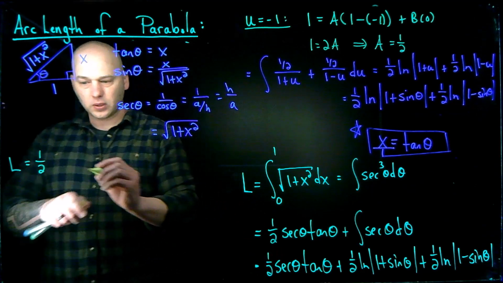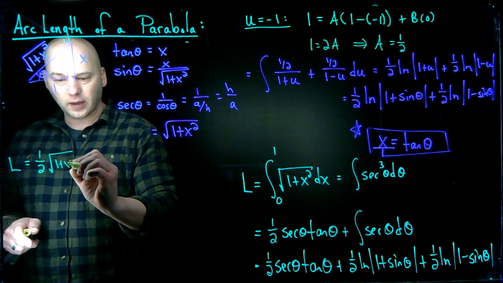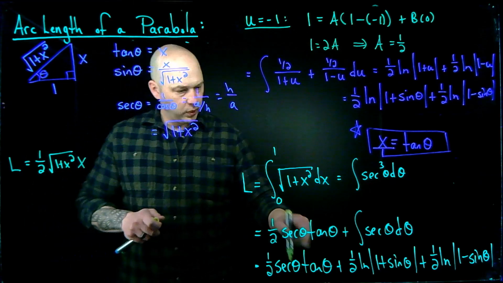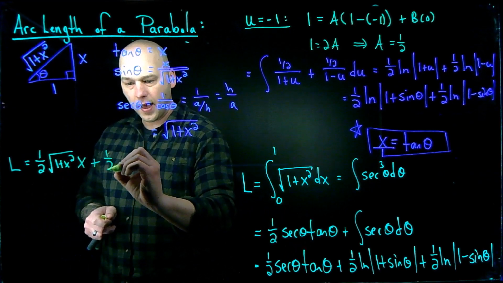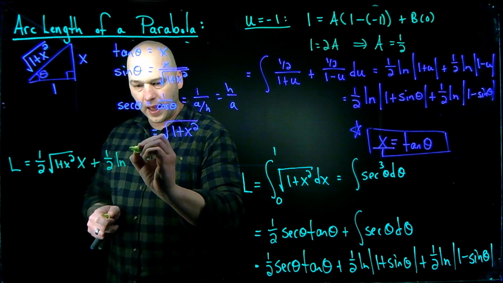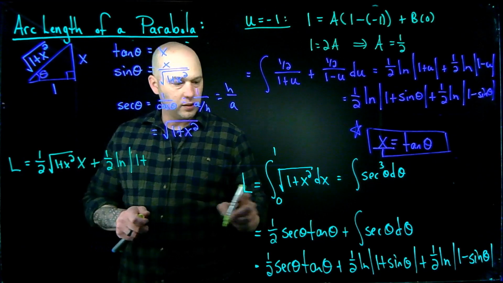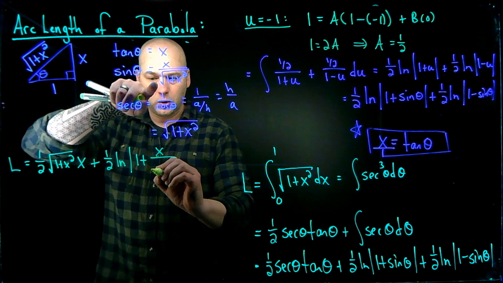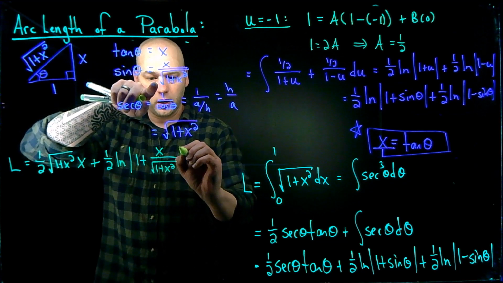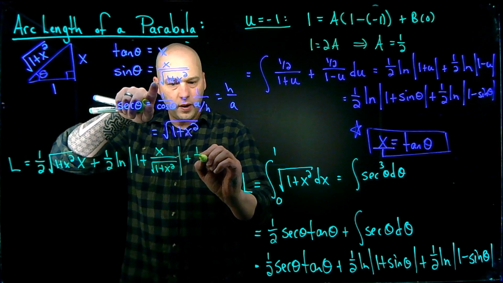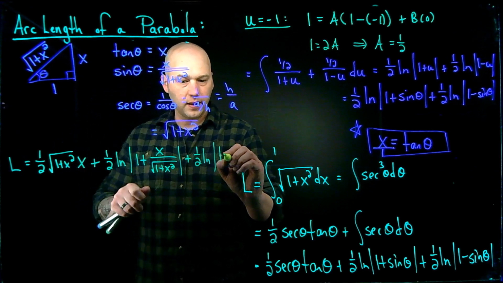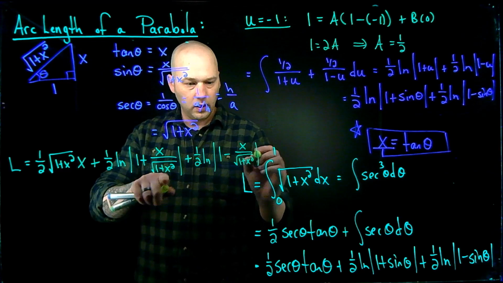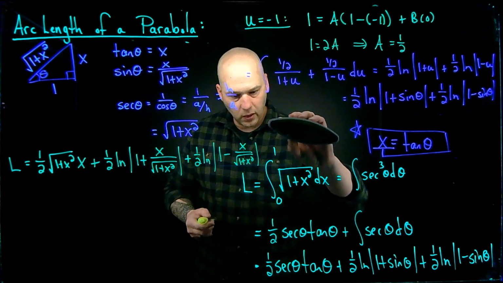So the secant was square root of 1 plus x squared, times the tangent, which was x, plus 1/2 the natural log absolute value of 1 plus the sine of the angle, which was x over square root 1 plus x squared, plus 1/2 natural log absolute value of 1 minus that same expression, x over square root 1 plus x squared. And this is kind of starting to run together here, so let me get rid of that part.